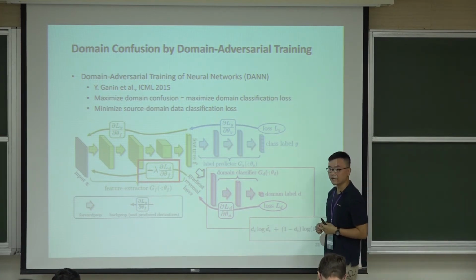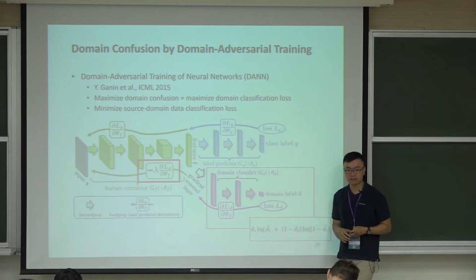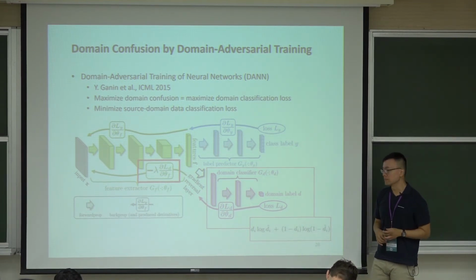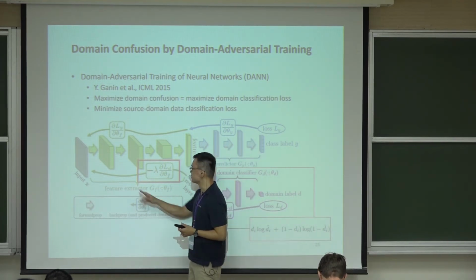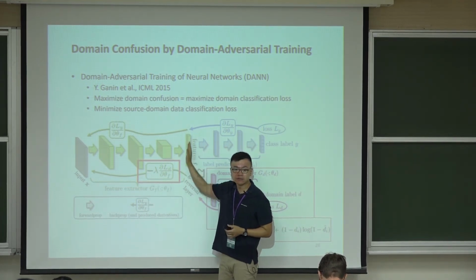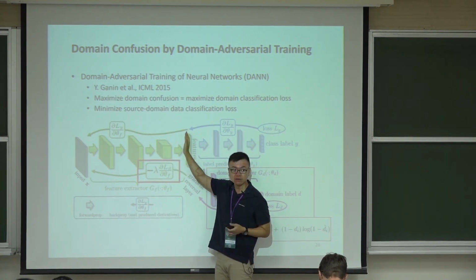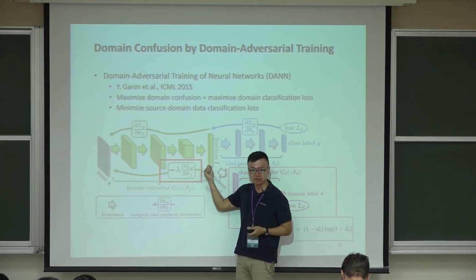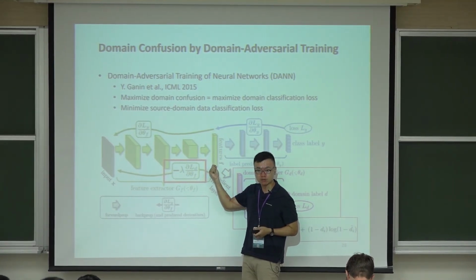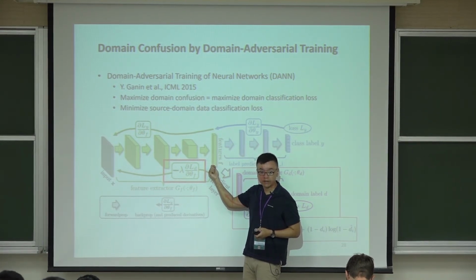But if that is the end of the story, then you are doing nothing for domain adaptation. Because for domain adaptation, at this part, whether you dump in source domain data or target domain data, do you want to see the difference between cross domain data? Should be no, right?